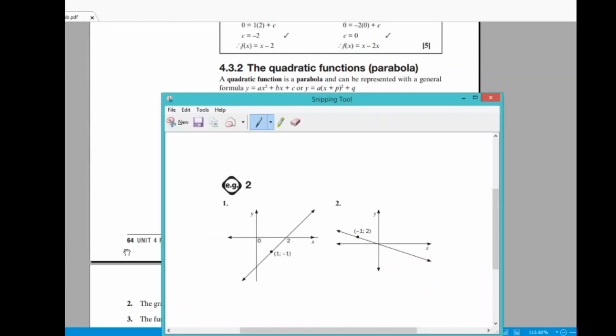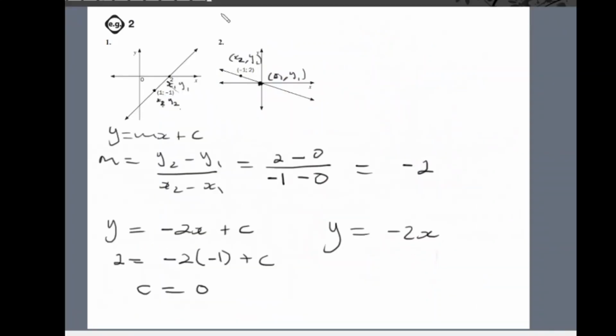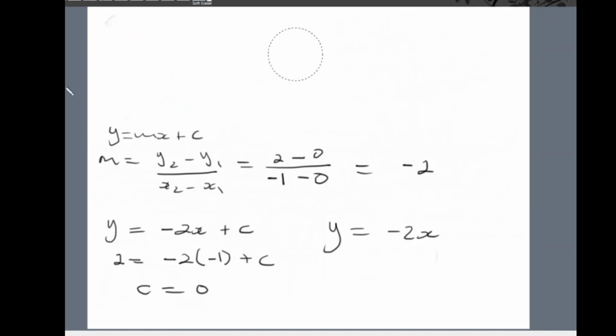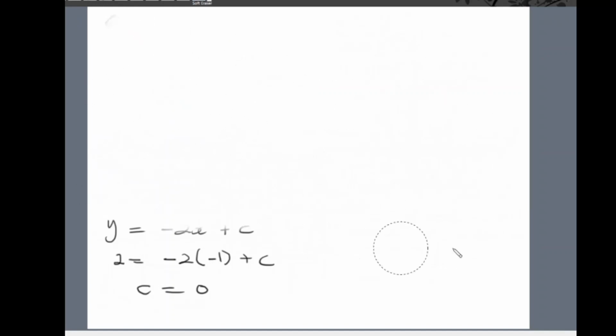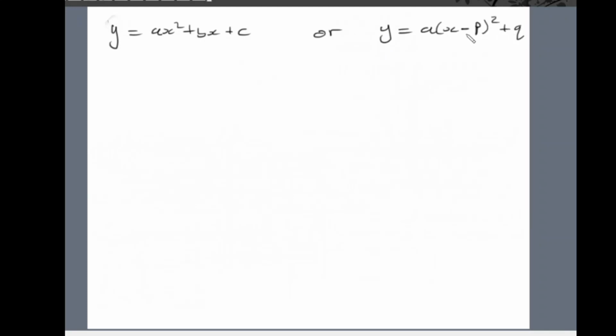So a quadratic function is a function in this form, y = ax squared + bx + c, or y = a(x - p) squared + q. For some reason, I prefer to put minus p here instead of plus p.